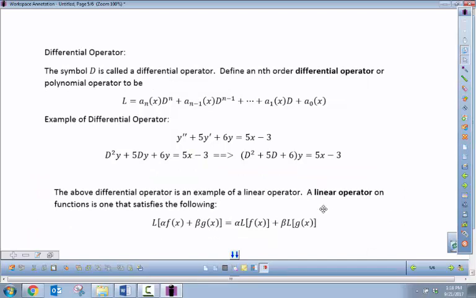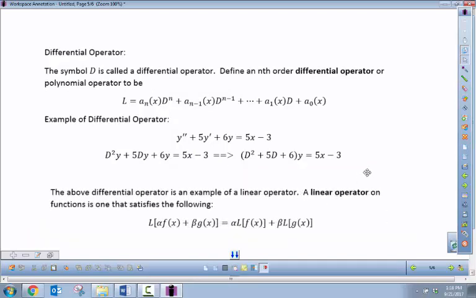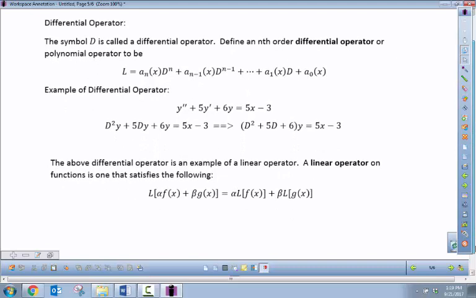So a linear operator is a process that allows you to add and multiply by a number, by a scalar, and you can split that up. You guys have probably seen something like this before. Where have you seen something like this before?